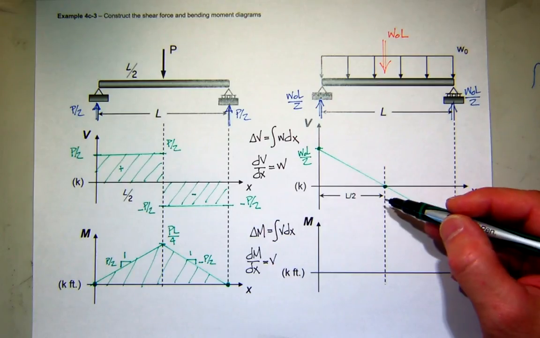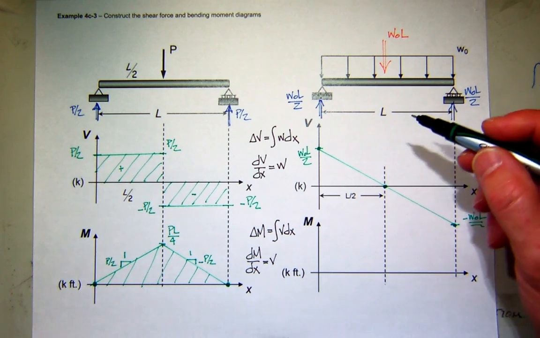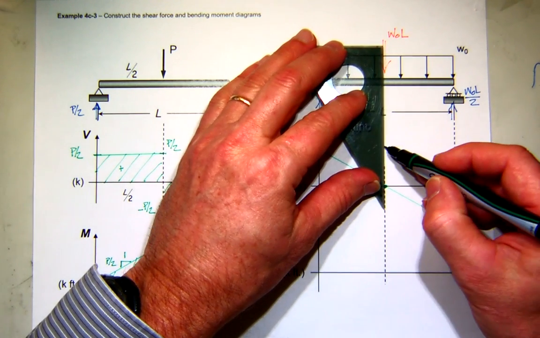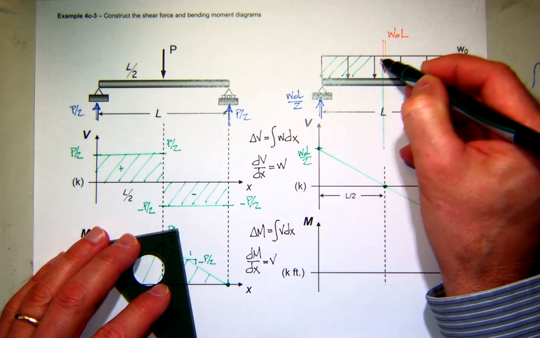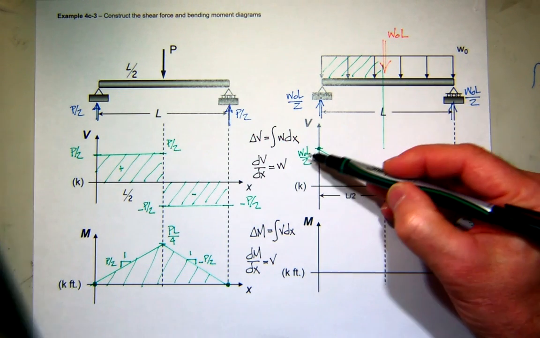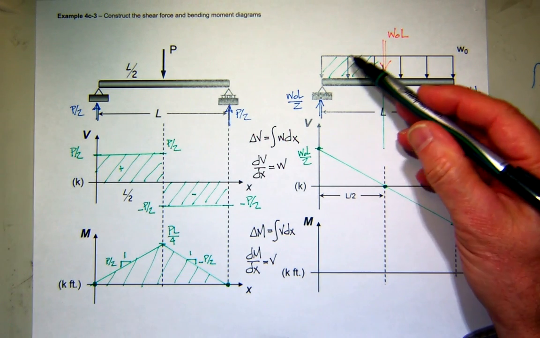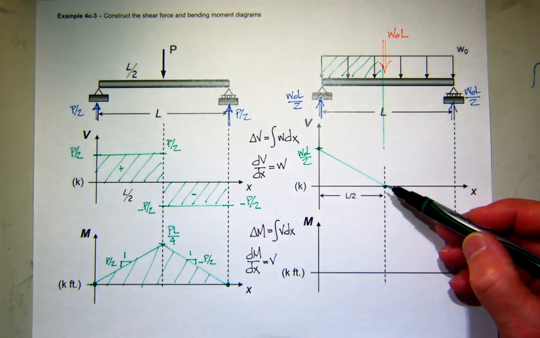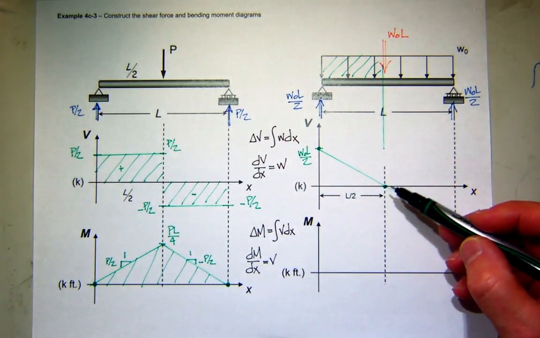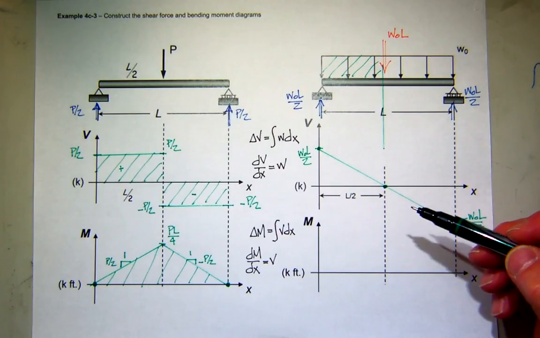Does it really occur right there in the middle? It does. So if you were to project that up, what that's saying is that this area under this part of the curve changes the shear. So you subtract that area from here, which is half the load, you do in fact get 0 shear. So this beam has no shear right in the middle.